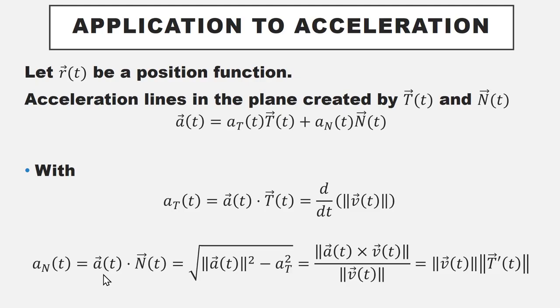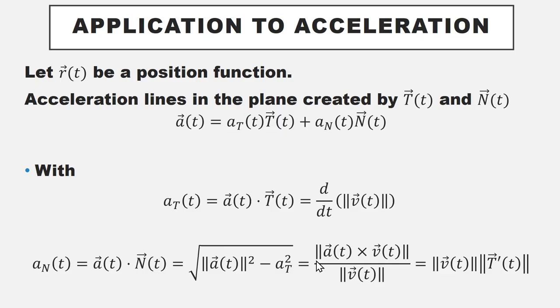Similarly, with a sub n, we know it's the dot product of acceleration with my unit normal vector. There's a number of different ways to calculate a sub n, though. I could take the magnitude of acceleration squared and then subtract a sub t squared, where a sub t is this one, and then take a square root of that.